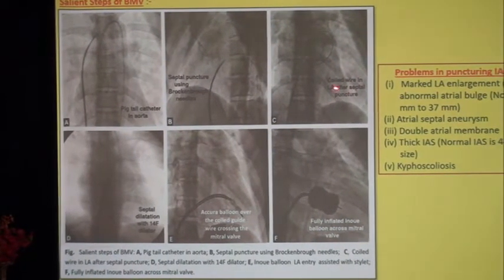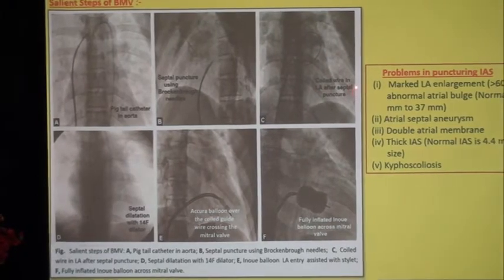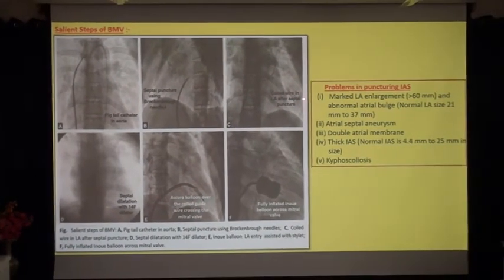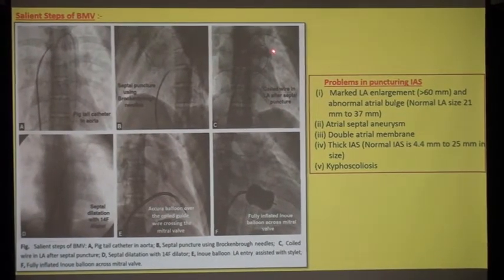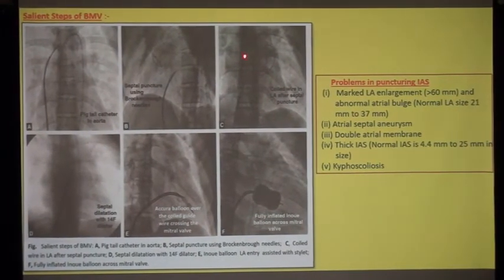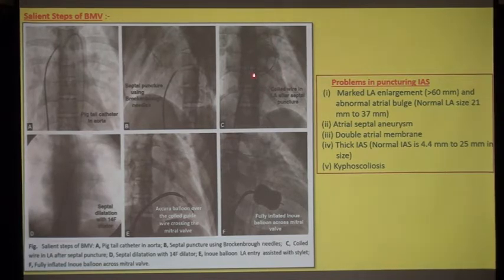Then coiled wire in left atrium after septal puncture. Then septal dilatation with 14F dilator.